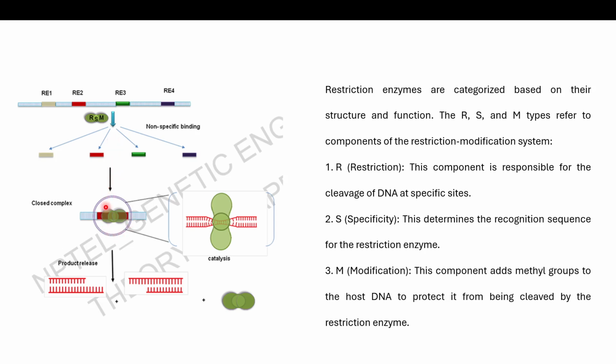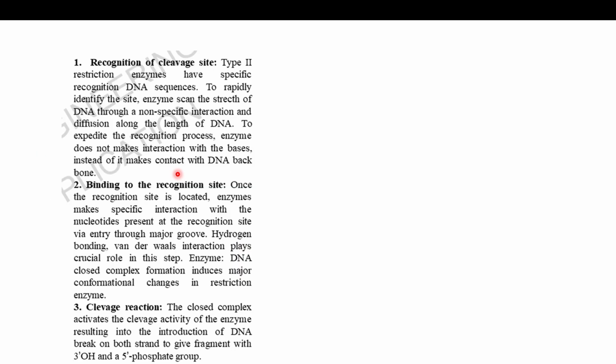Then the R type comes into play, wherein it can chop off the DNA, or if a modification has to be made, then the M type comes into play, which methylates the particular residue in the DNA sequence.